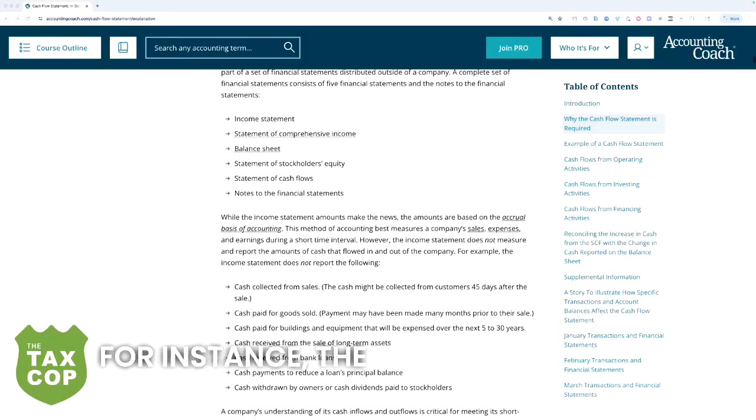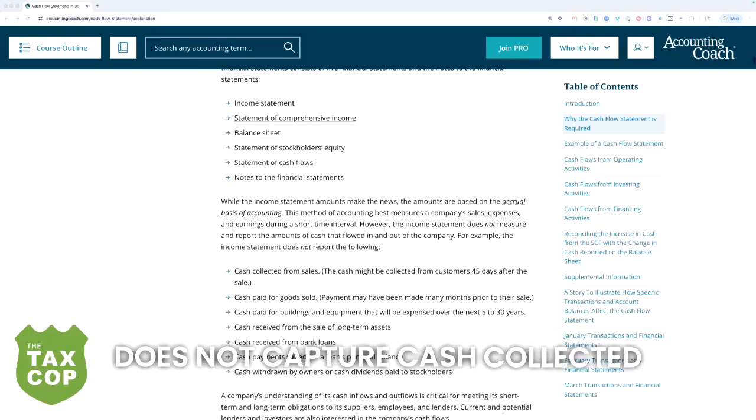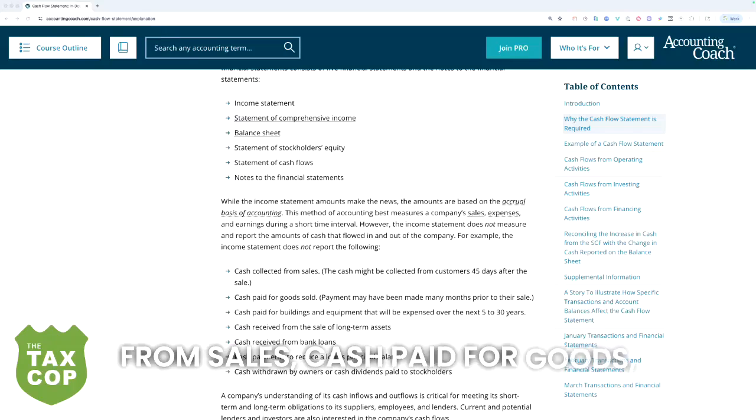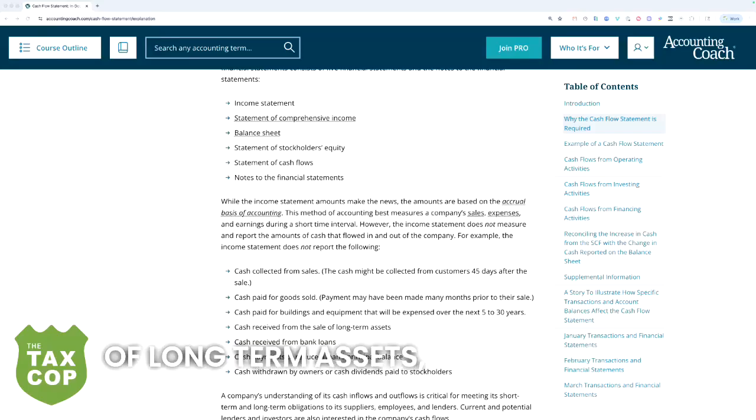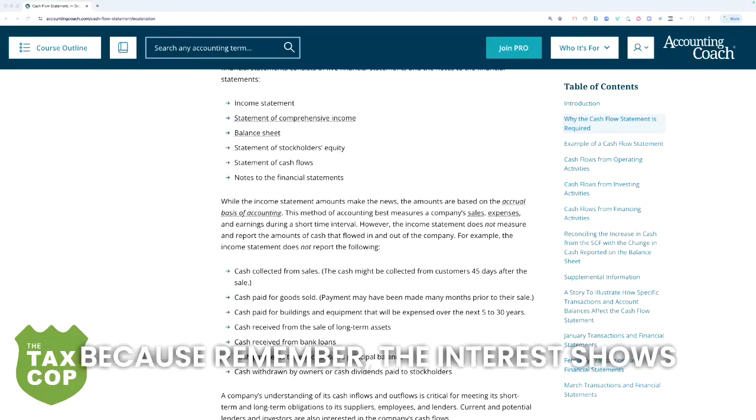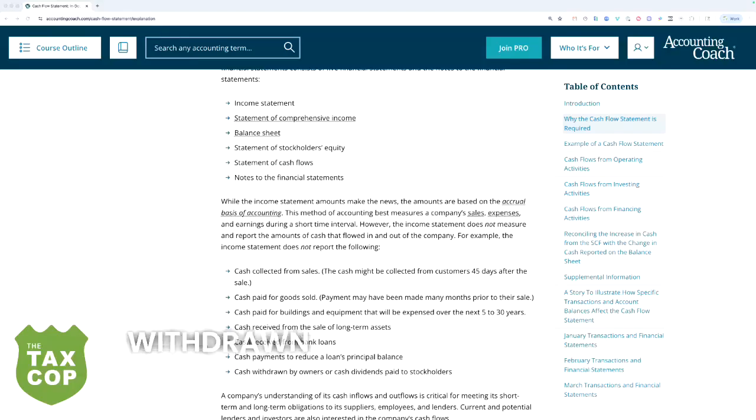For instance, the income statement does not capture cash collected from sales, cash paid for goods sold, cash paid for buildings and equipment that will be expensed over its useful life, cash received from the sale of long-term assets, cash received from bank loans, cash payments to reduce bank loan principals, because remember the interest shows up on the income statement, and cash withdrawn by owners or cash dividends paid to stockholders.